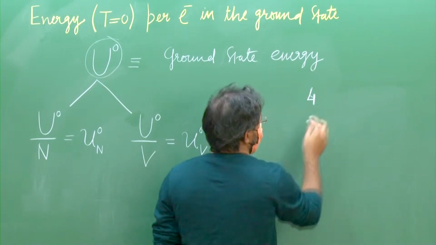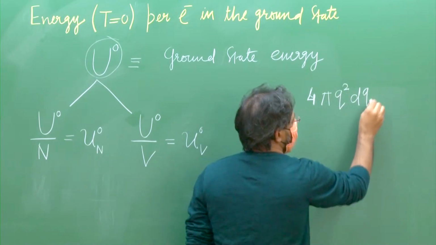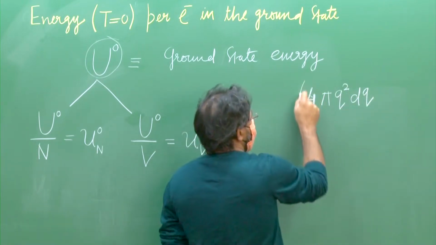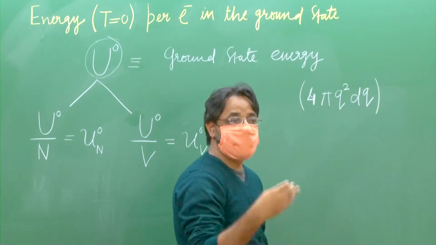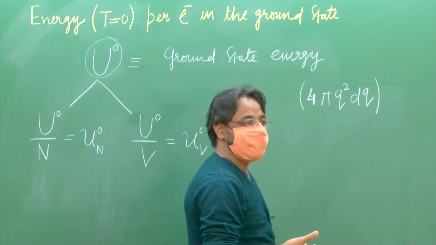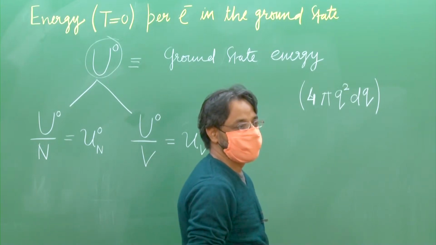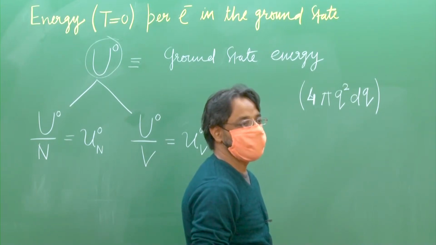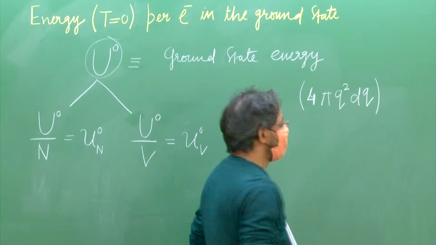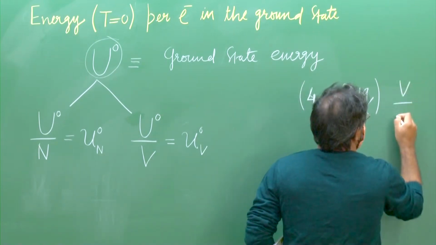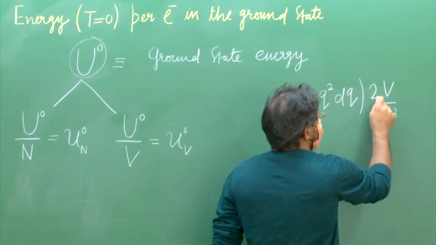What will be the volume of the shell? 4 pi q square dq. That's the volume of the shell. If I multiply this volume by the density of q points, then I will get the number of q points within the shell. And what is the density of q points? 8 pi cube by V is the space that each q point takes. So, the density is V by 8 pi cube, and I should multiply it with 2 to get the density.